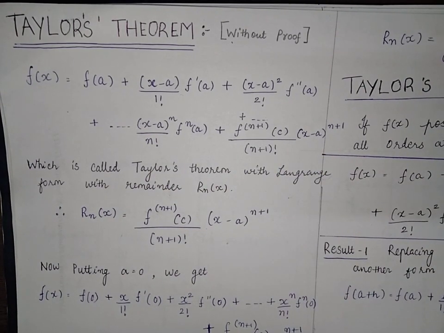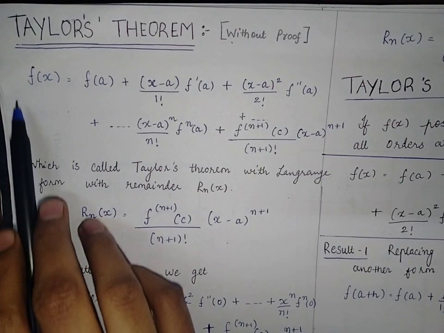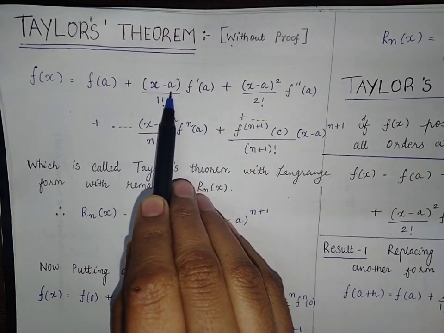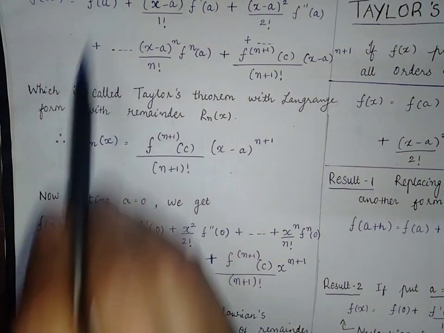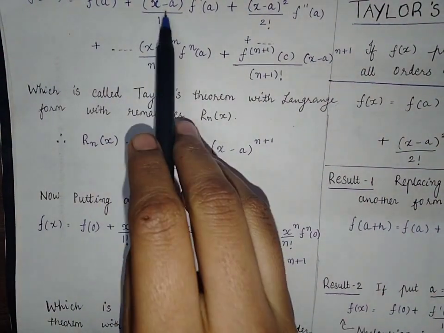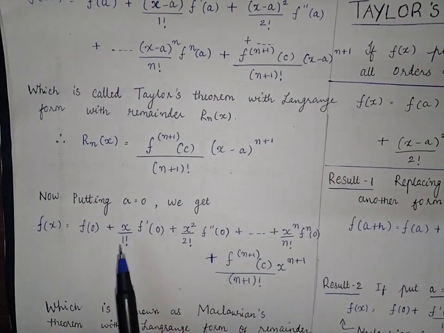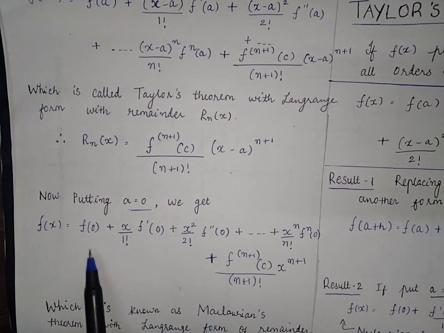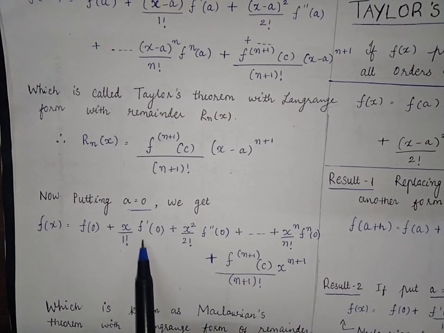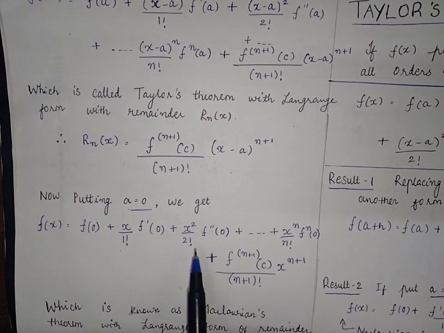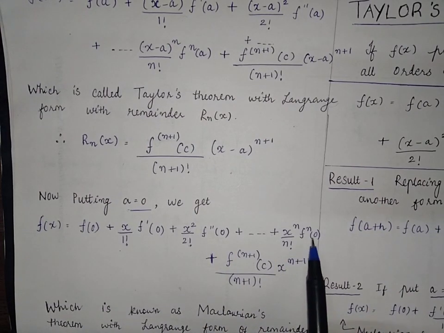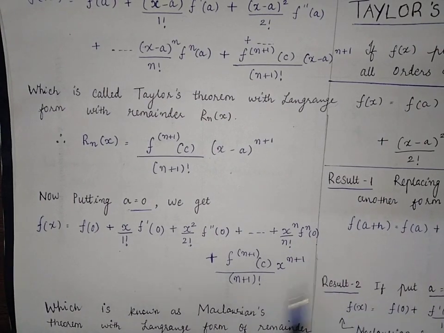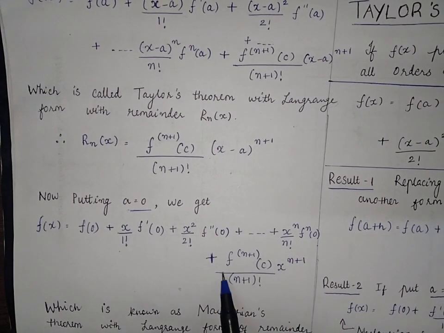Similarly, if we put a equal to 0 everywhere in this theorem, what will we get? We will get f of x equal to f of 0 plus x by 1 factorial into f dash of 0, x square by 2 factorial into f double dash of 0, and up to x raised to n by n factorial f raised to n of 0, and after this we have the remainder term again.